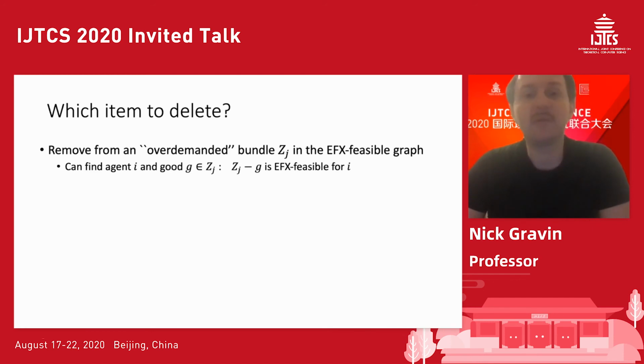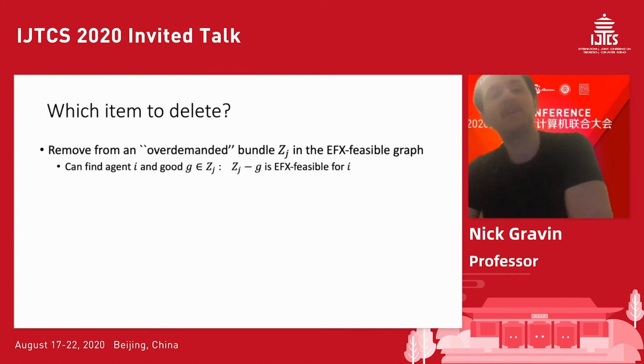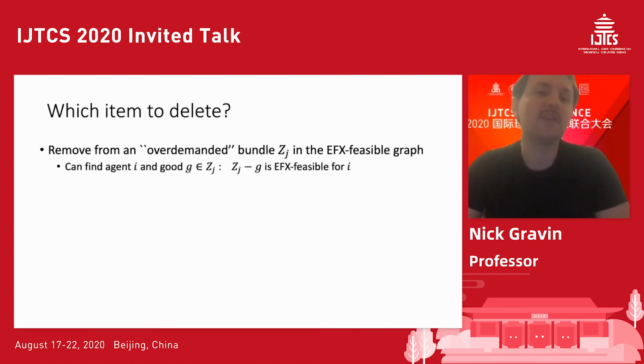In fact, because of the EFX condition, we want to find an agent i and such an over-demanded bundle Zj and one good g there, such that i would still consider Zj without good g as an EFX feasible allocation.